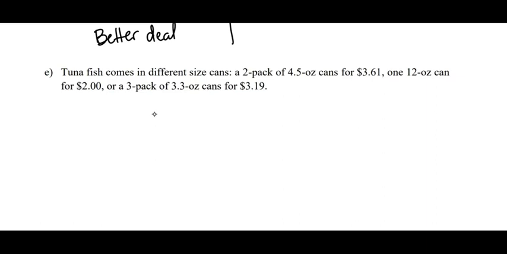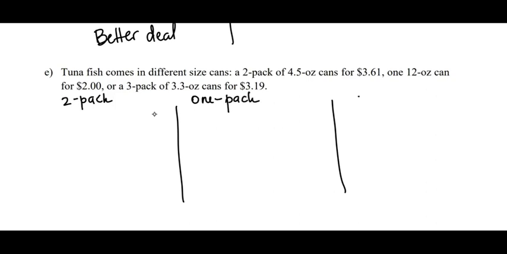So because we're dealing with different sizes, we need to figure out how many ounces you're buying each time. If you're buying a 2-pack, how many total ounces of tuna you're buying, and so forth. So we're going to have 3 comparisons here. So 2-pack, 1-pack, and 3-pack.